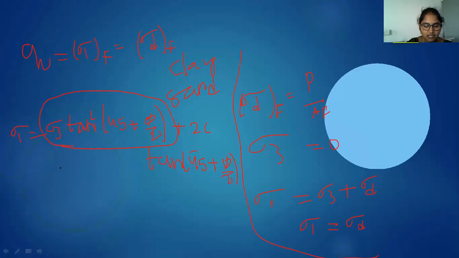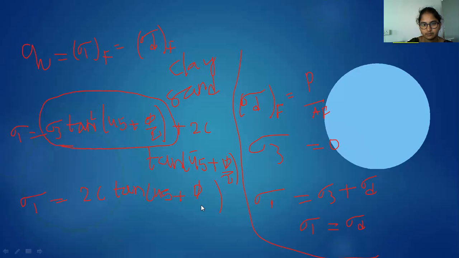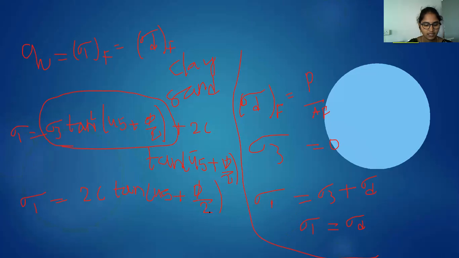Finally, sigma 1 is equal to 2c tan of (45 plus phi by 2).